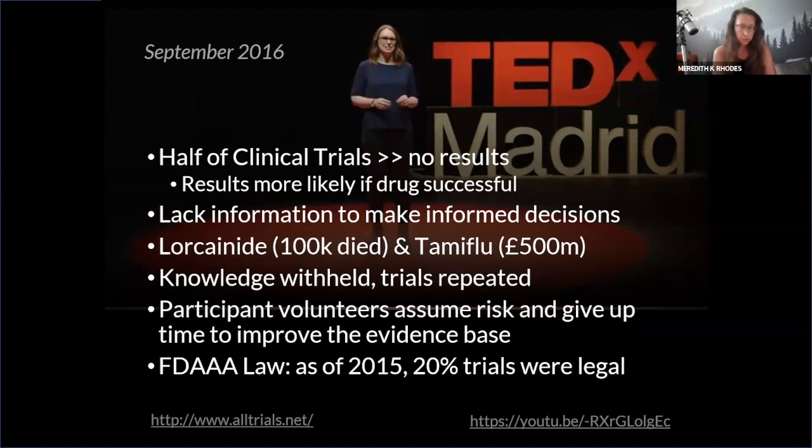When knowledge is withheld, when we don't know a clinical trial happened, trials can be repeated, and the same sorts of mistakes can be repeated as well. Participant volunteers assume this risk, and they give up their time to improve the evidence base, and so we owe it to them and to the public to show our work.